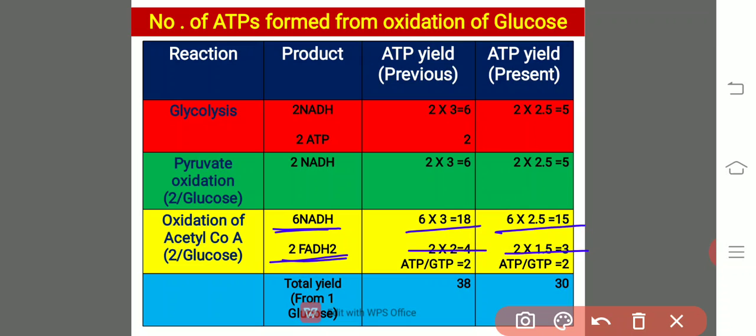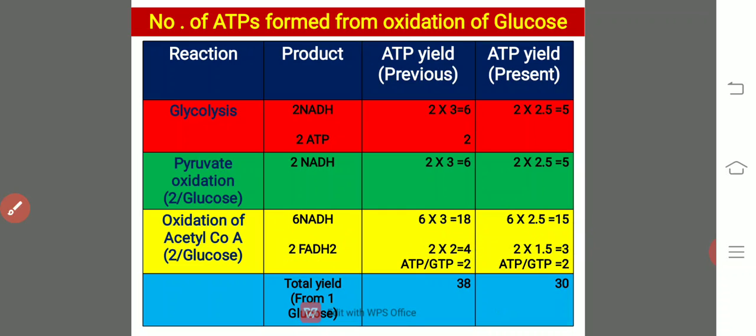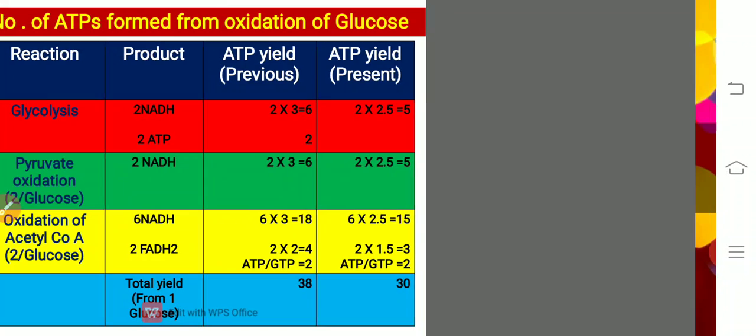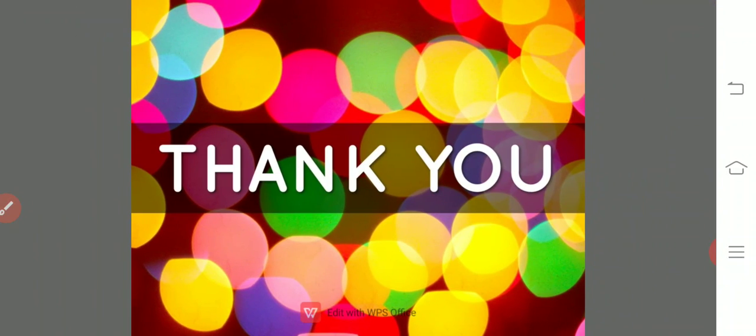So there is no change in the calculation of the GTPs. Totally, previously from one glucose molecule we may yield 38 ATPs, but here it is only 30 because of the discrepancy in the number of ATP molecules released. So this is about the difference in the ATP molecules.